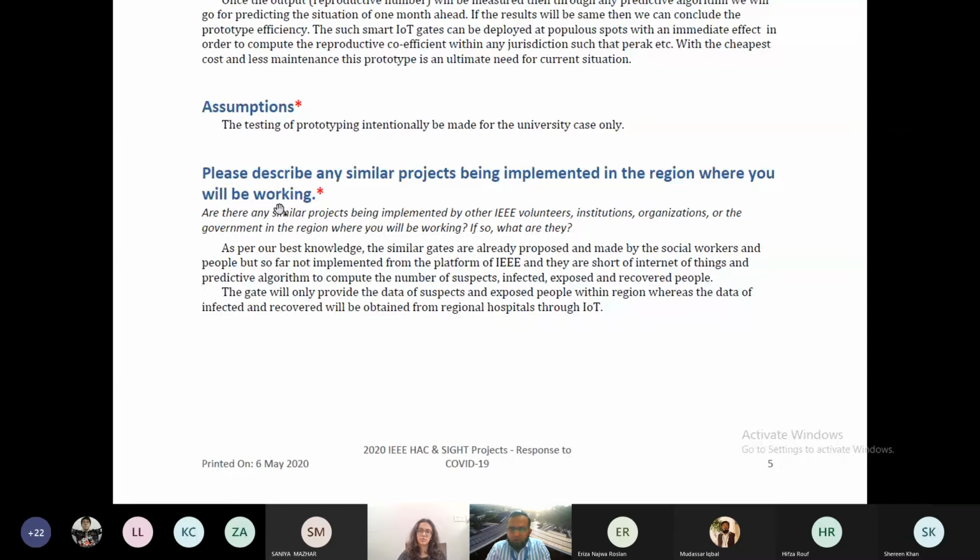Imagine a city with 2 to 3 hospitals, where you get data of infected and recovered people, and data from the disinfectant gates at shopping malls, universities or schools. You have all the data on an IoT broker, and a data scientist like Nirbhay Mathur processes it and comes up with the spread, so that in the upcoming weeks or months you will know the spread of COVID-19.